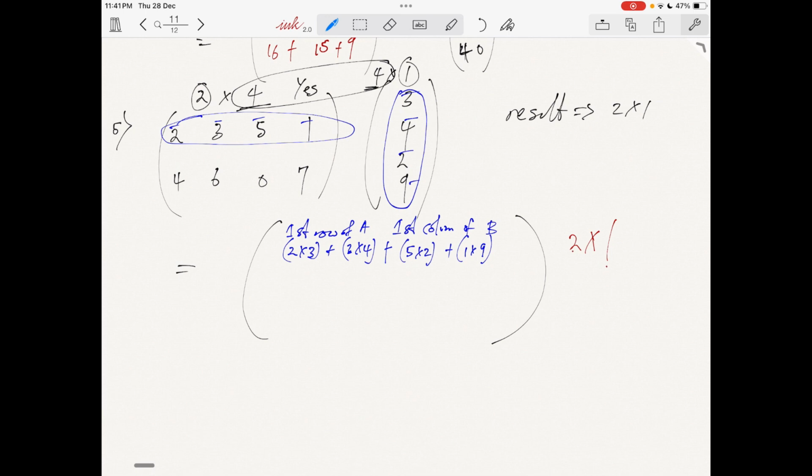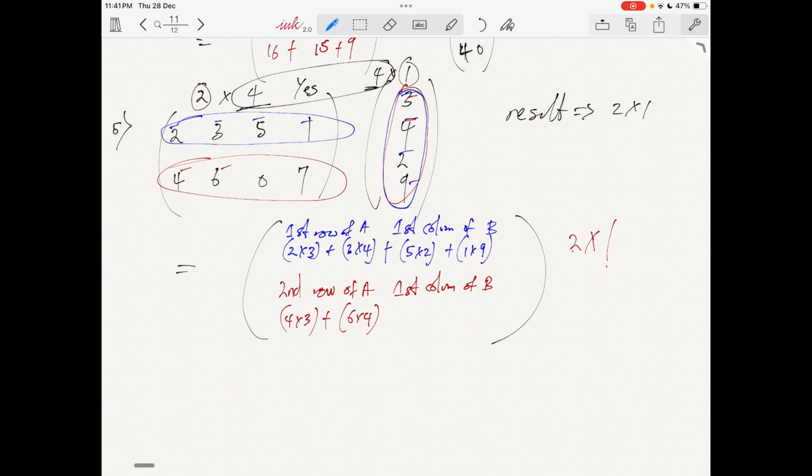So we'll be dealing again with the second row of A against the first column of B. This is the second row of A and the first column of B. Now we are talking about 4 times 3, 6 multiplied by 4, 0 multiplied by 2, and 7 multiplied by 9.